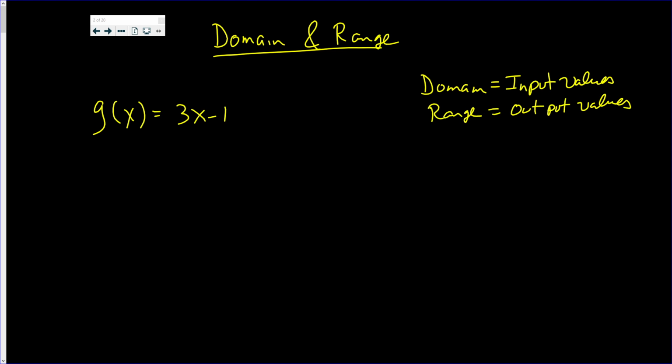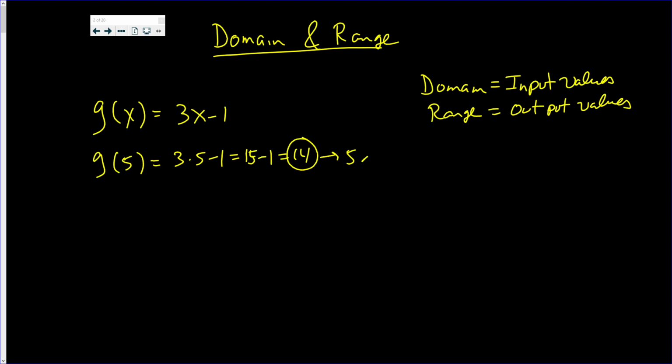Now, it's not just any input value, it's in the domain. It's an input value that gives back an intelligent answer. G of 5 is 3 times 5 minus 1, which is 15 minus 1, which is 14. 14 is a very well-defined number.